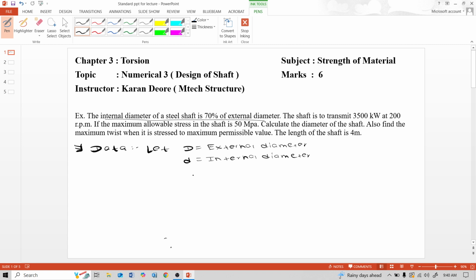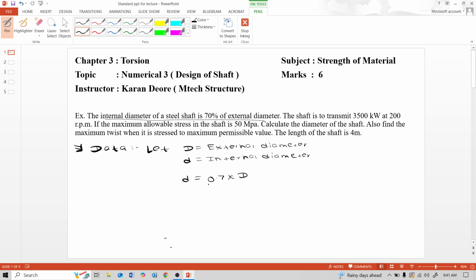This internal diameter of the shaft, small d, is 70% of external diameter. 70%, that means 70 upon 100, 0.7, multiplied by capital D, the external diameter. So this is the relation between the small diameter and big diameter, internal diameter and external diameter.